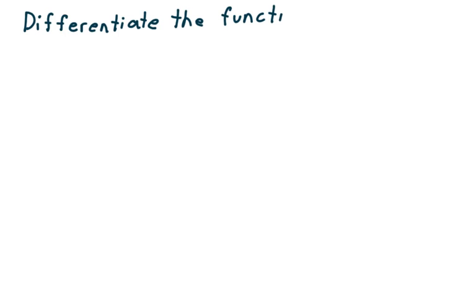Now, the directions say to differentiate the function. And what I want to do is look at problem number 2. Suppose g of t is natural log of 3 plus t squared.